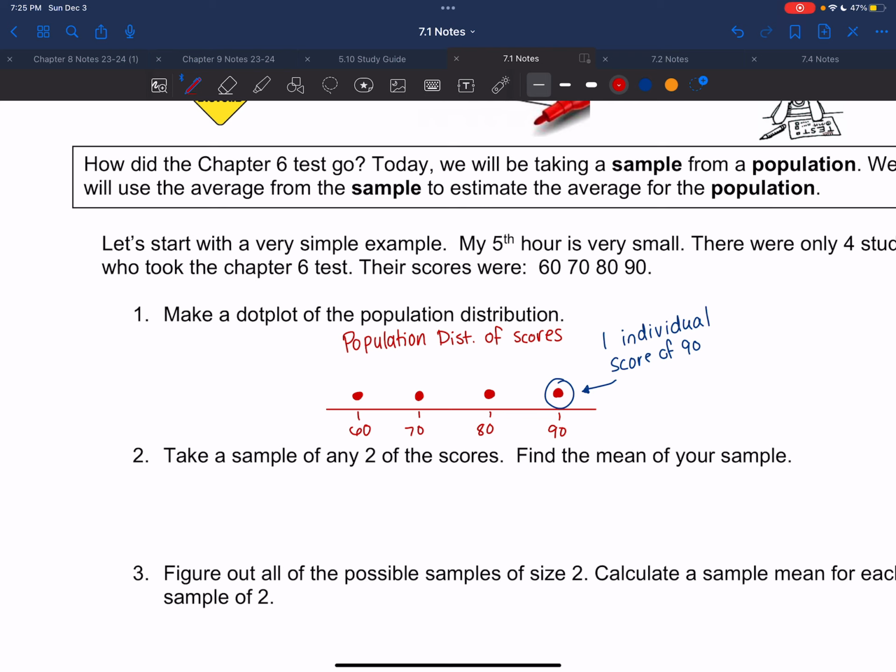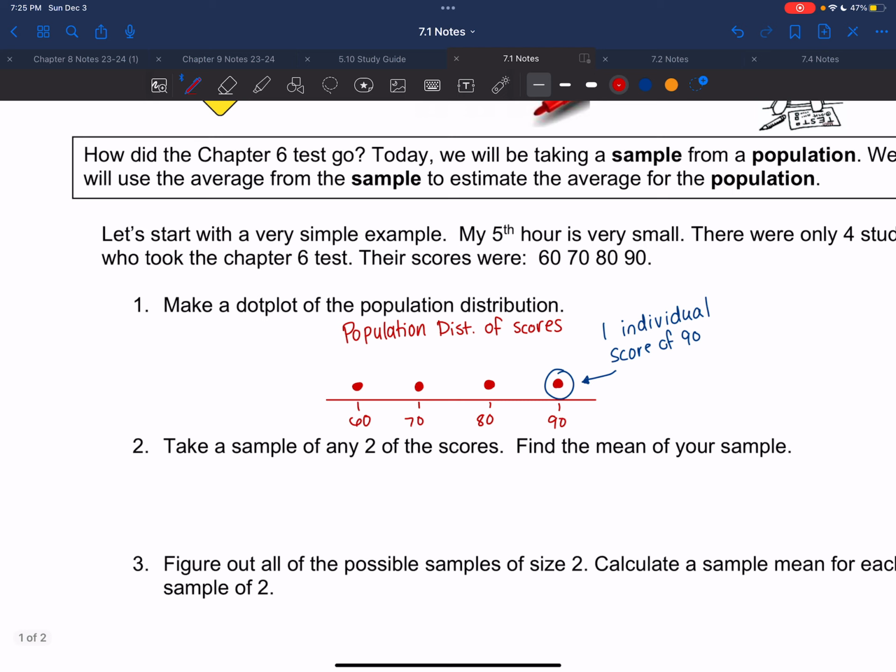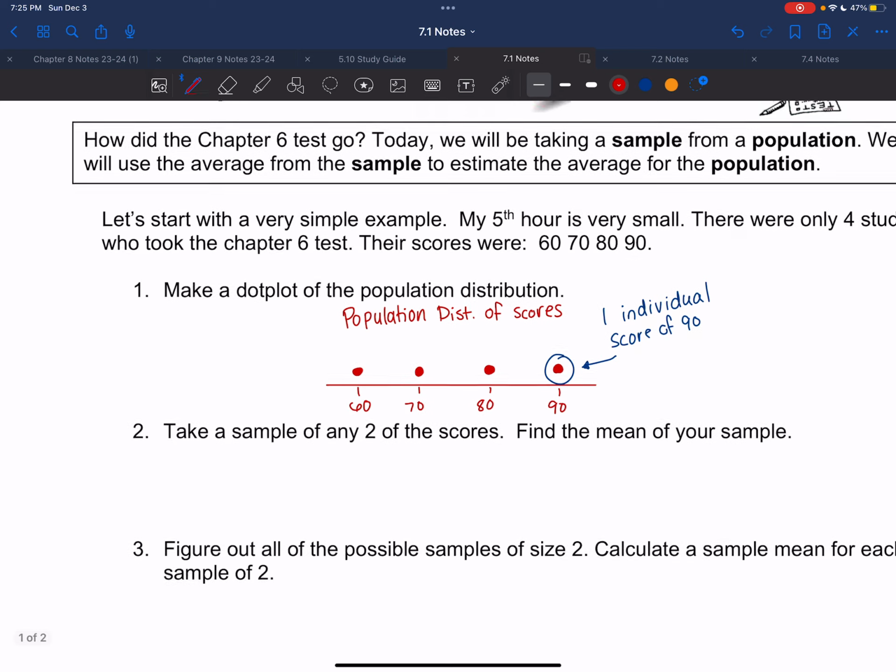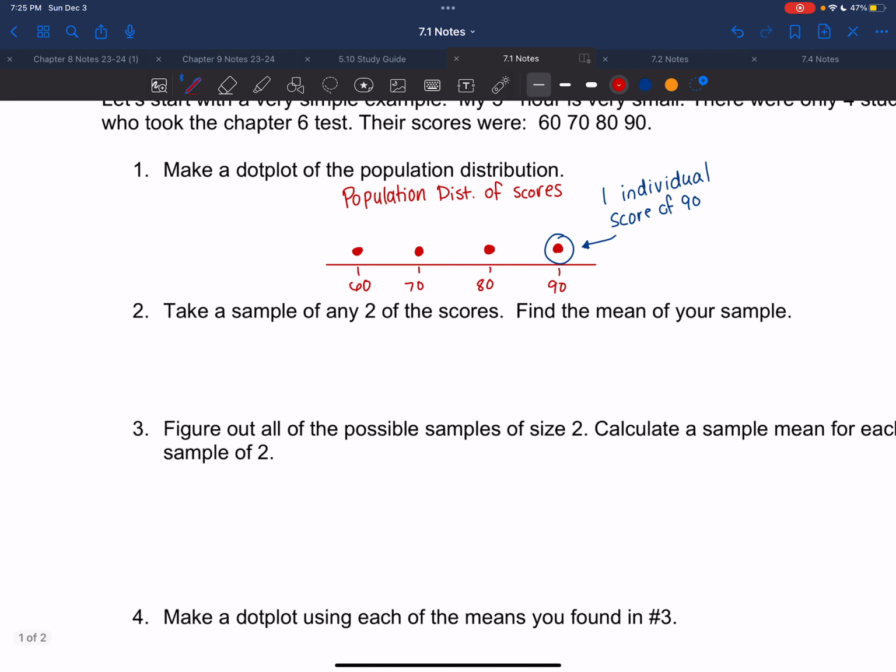So typically, you're not going to take an entire population, but you could take a sample of that population. You can take samples of different sizes, but you typically don't know each of the individuals' values in the population. So we can take a sample and try to use that to represent the population.